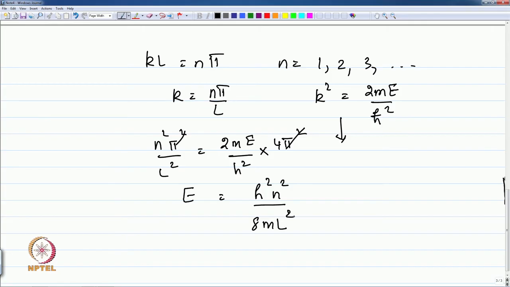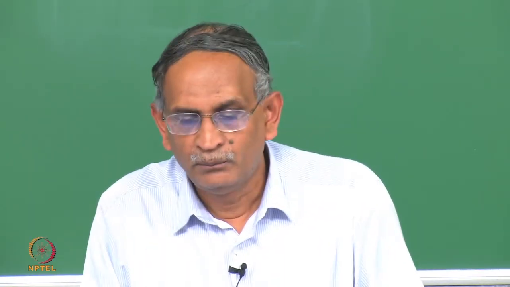And what is the solution for the wave function? Psi of x is b sine kx, which is b sine n pi x by L, because k is n pi by L. So, this is the simplest solution, but with two important results.